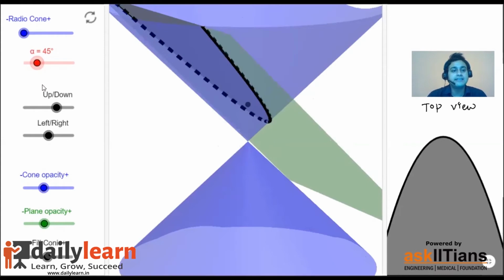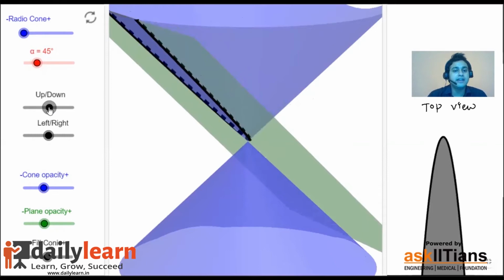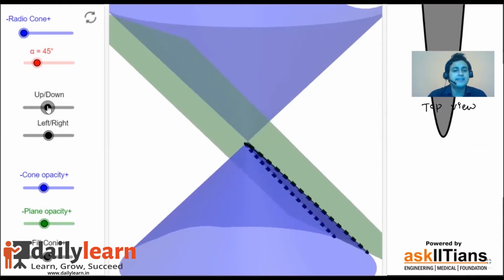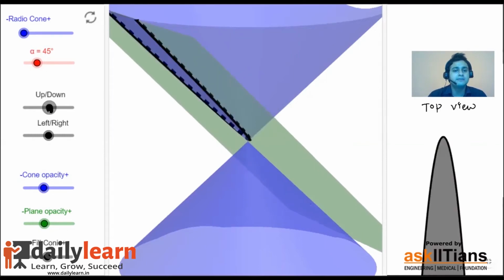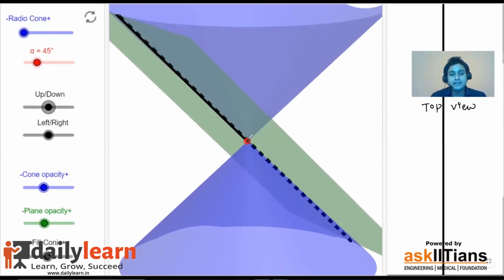Now a very interesting case is when the plane cuts both the right circular cones in such a way that it passes through the vertex. This thing here, my friends, is called the vertex.